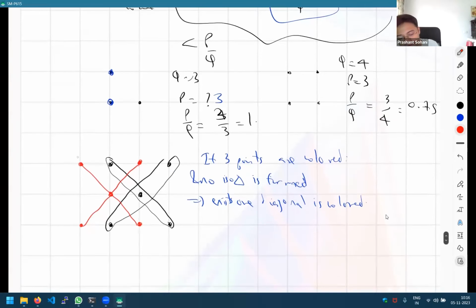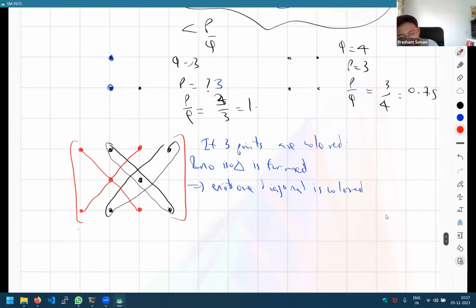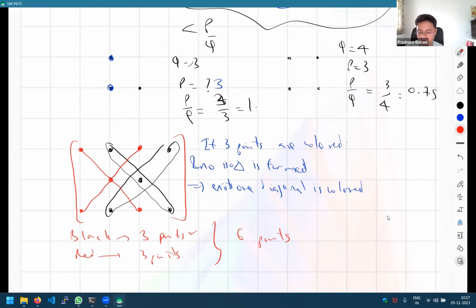So now for this whole shape, can you tell me how many points I will need to color? Individually, in the black region I can color 3 points, and in the red region also I can color 3 points. So you may feel that together the whole region can take 6 points without forming any isosceles triangle.